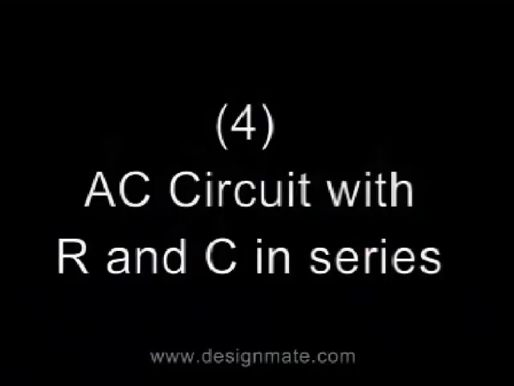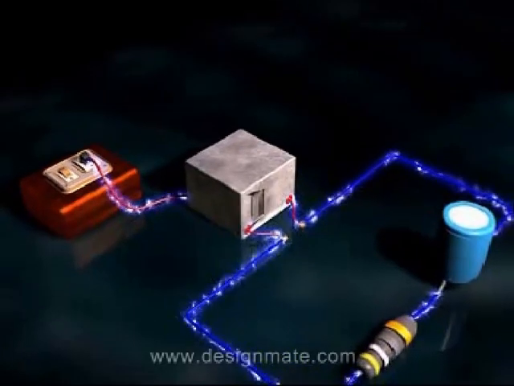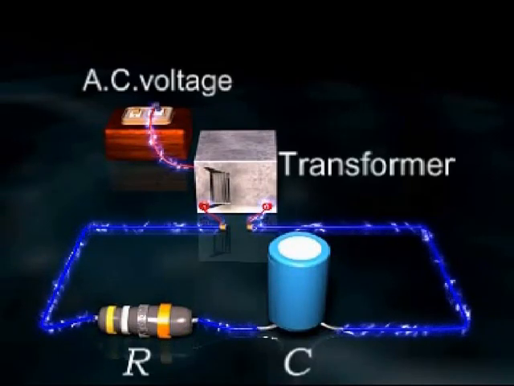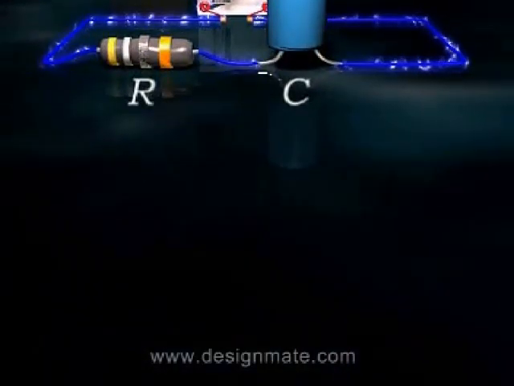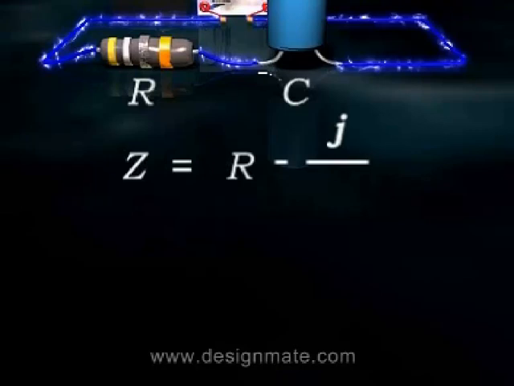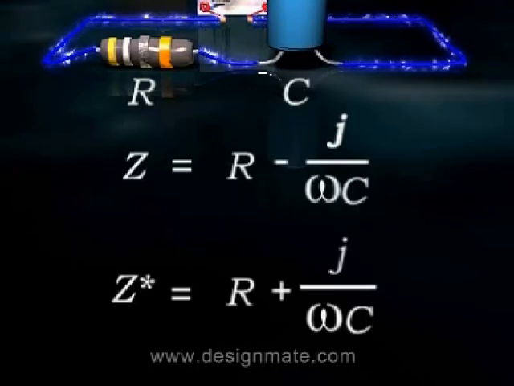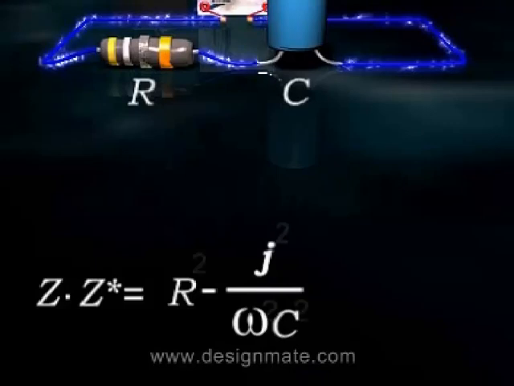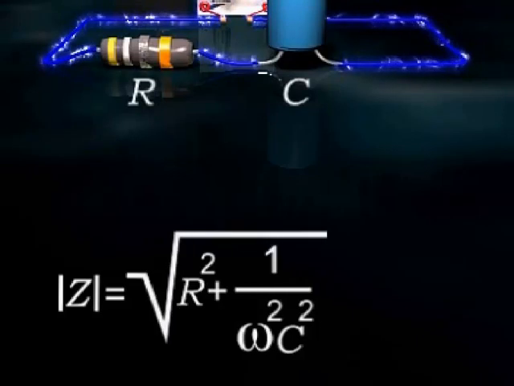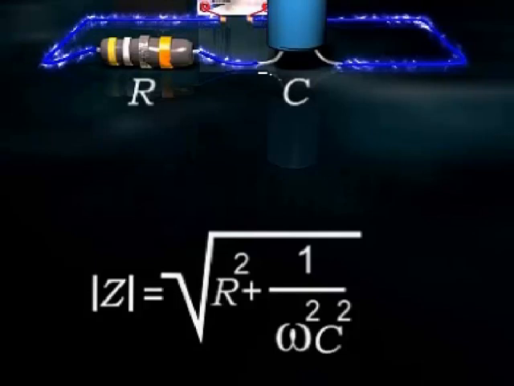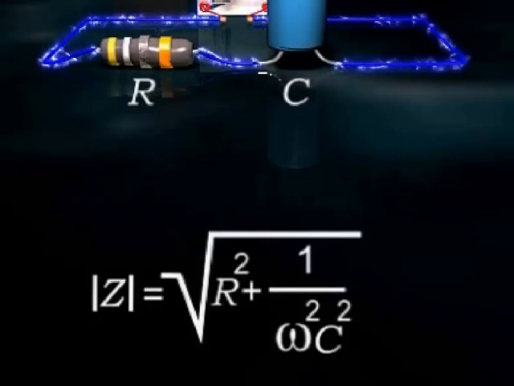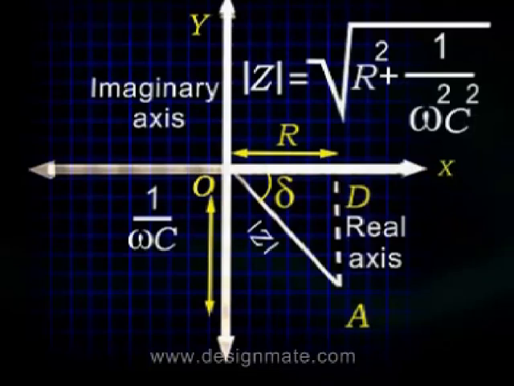4. AC circuit with R and C in series. In this case, Z is equal to R minus j upon omega C. Therefore, modulus Z is equal to square root of R squared plus 1 upon omega squared C squared. The figure shows this Z in the complex plane.